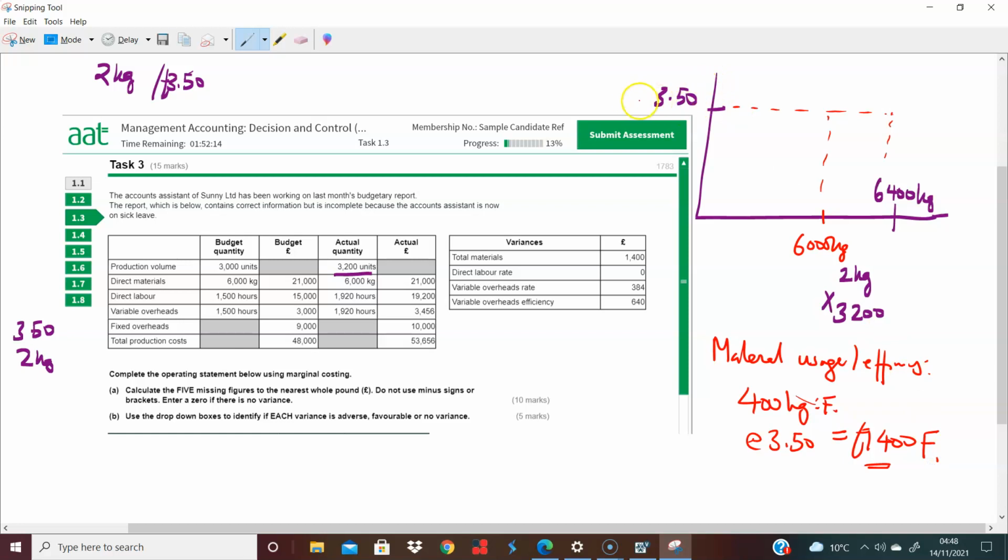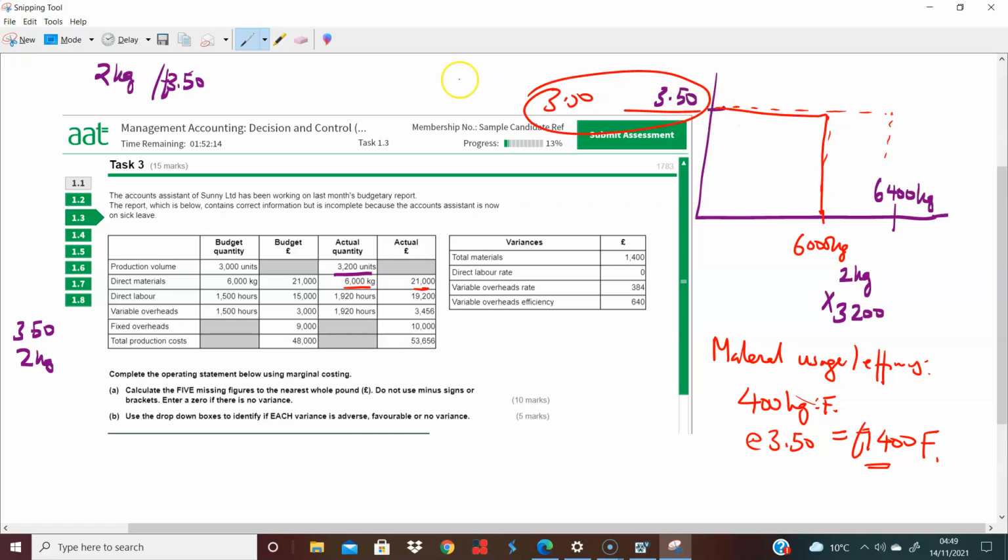Now, the question here is that you actually did use £3.50 as well, because that didn't change. You spent 21,000 on 6,000 kilograms. So there is just no rate variance, because these two are exactly the same.